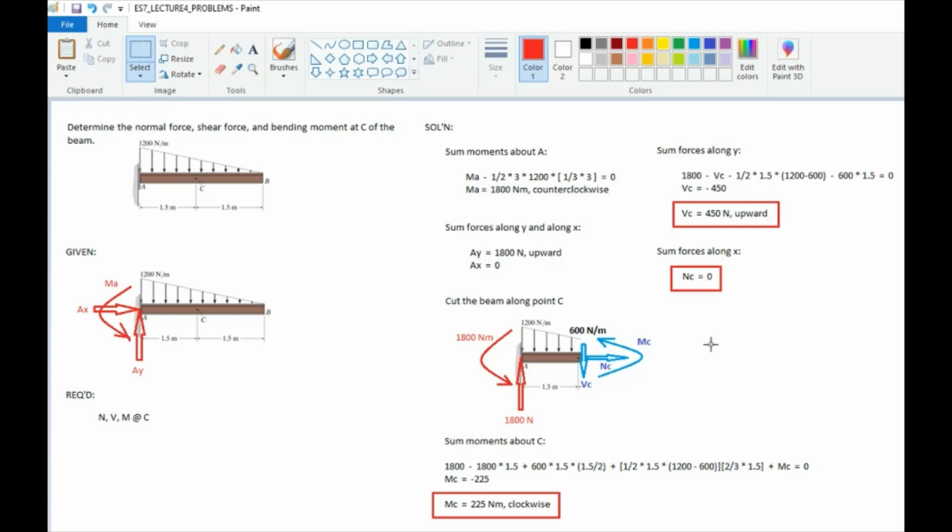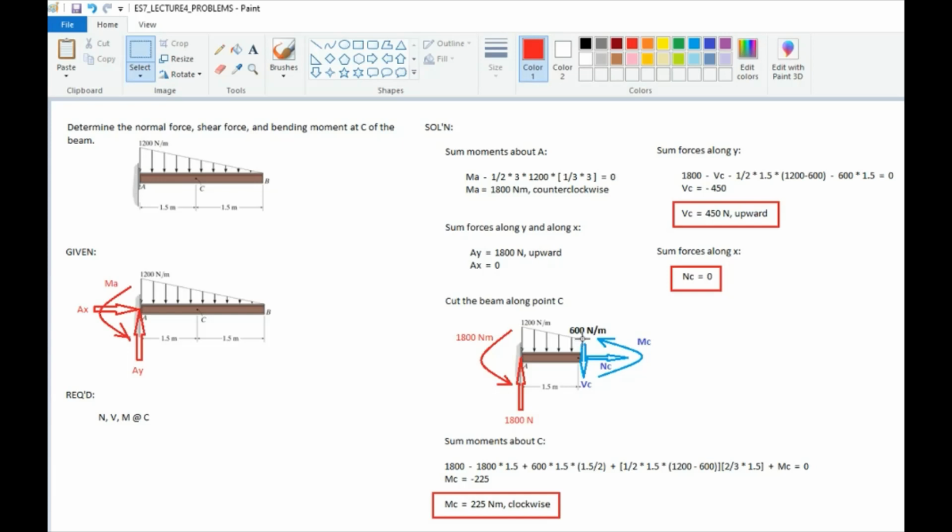So, after you cut it, the triangular load, of course, will also be cut. So, you now need to find the value of the load here. Because your load is decreasing from 1,200 until it reaches 0 at point B. But here, we are at the middle. Since the decrease is uniform, it means that since point C is halfway along the beam, your load here is also half of 1,200. That's why we have here 600 newtons per meter load.